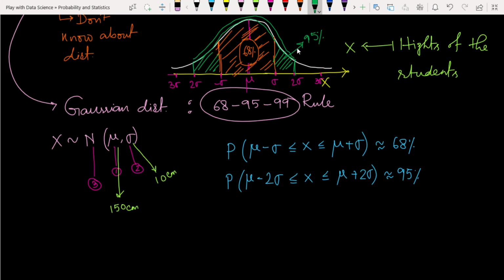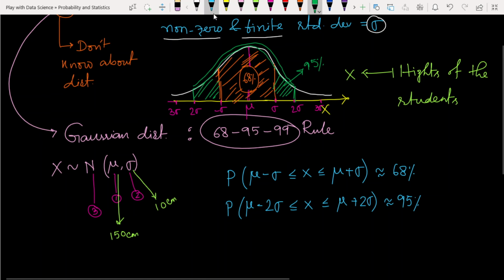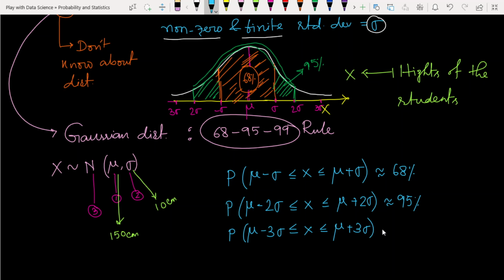In this range is 95%, and in the third, 99%: mu minus 3 sigma less than or equal to x less than or equal to mu plus 3 sigma. It's about 99%.